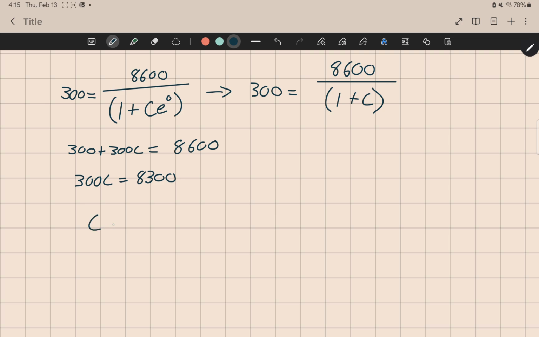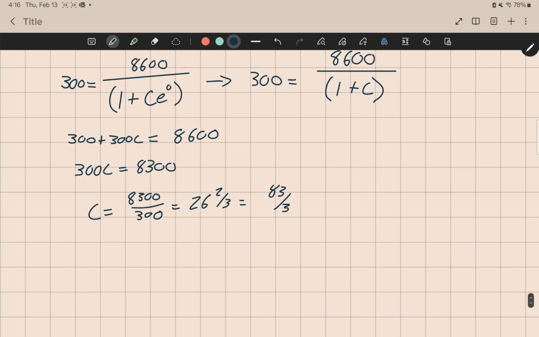I feel comfortable doing that math in my head. And then we end up with 8,300 over 300. And grab my calculator here. 8,300 divided by 300 is 26 and 2/3. Or if you want to write that as a fraction, equals 83/3.